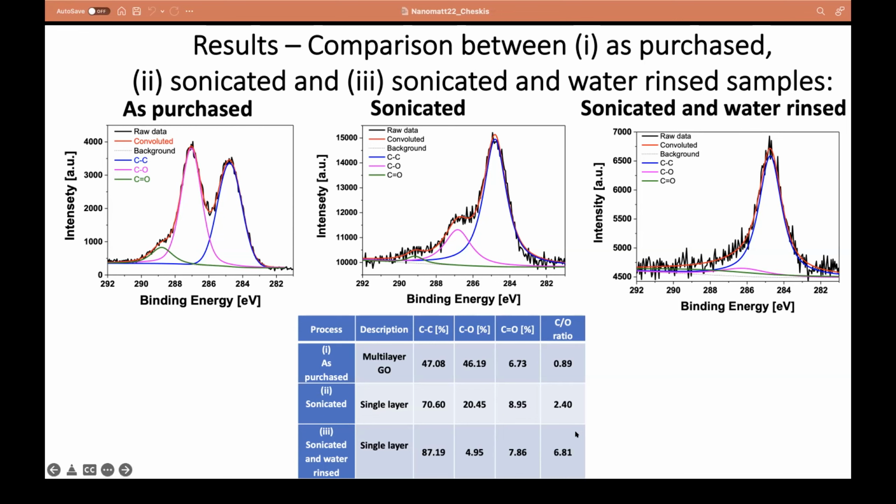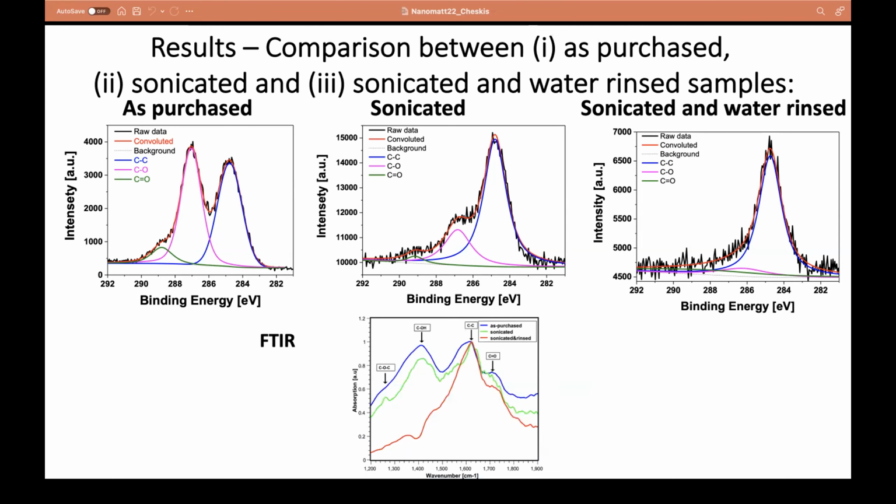And we see that the single layer achieved after sonication and water rinsing is close to almost pure graphene, close to reduced graphene oxide material. It's about 14% oxygen. It's pretty good, even though we have not performed any drastic reduction processes.